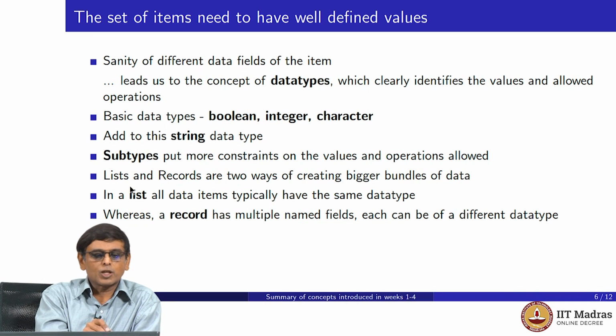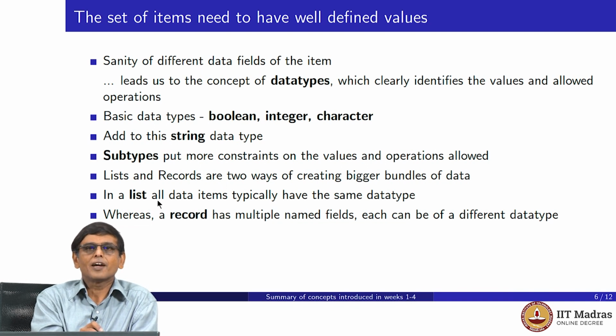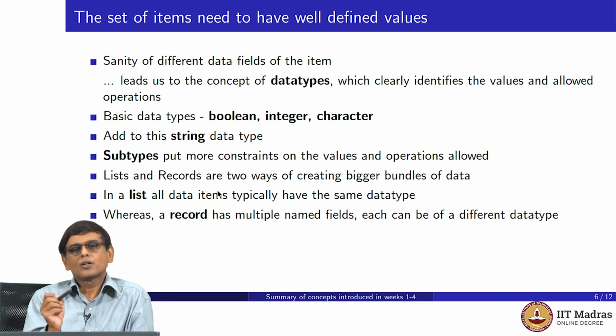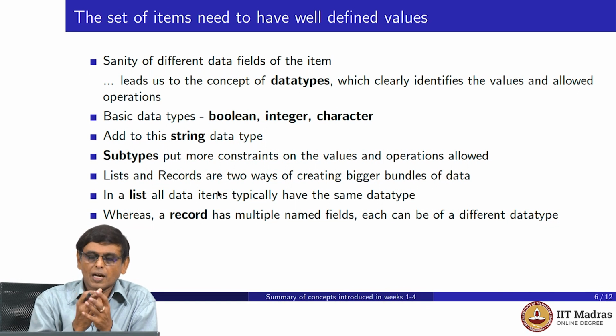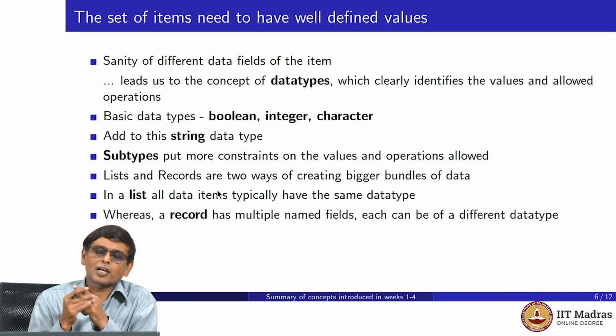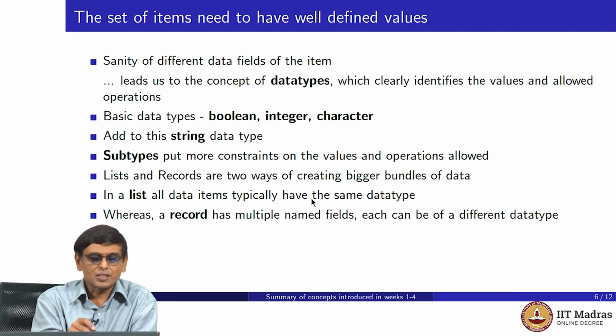Then we saw that there are two ways to aggregate data types together. One of them is called list, where we typically have a single type of data that we are making a collection of. So for example, you can make a collection of marks cards, you can make a collection of marks, just the physics marks, or you can make a collection of customer names or shop names, something like that.